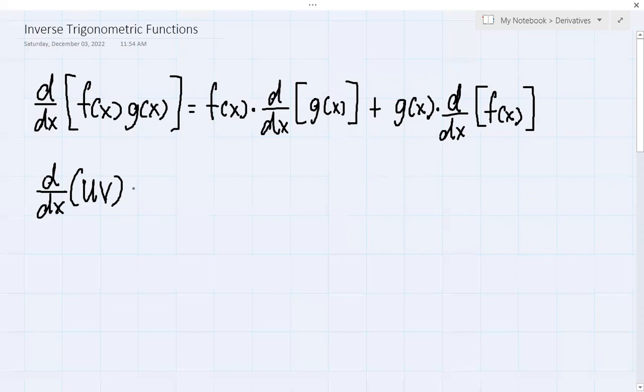Okay? So, the derivative of u times v is u times dv plus v times du. Okay? u dv plus v du. Or, you can just say it this way: u dv, v du. Yun na lang. Basta know the operation in between them.